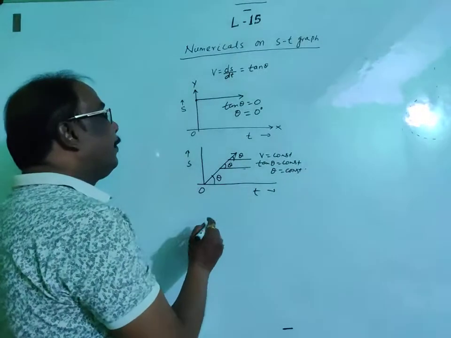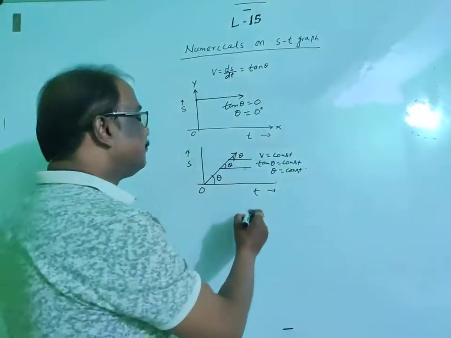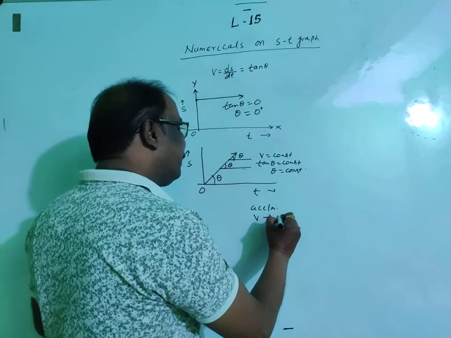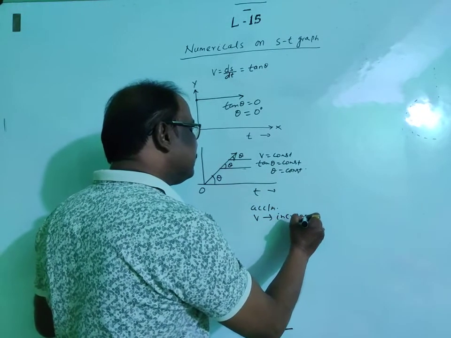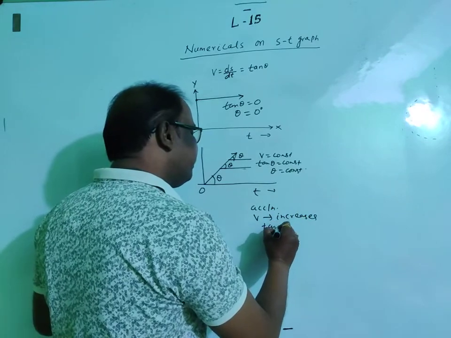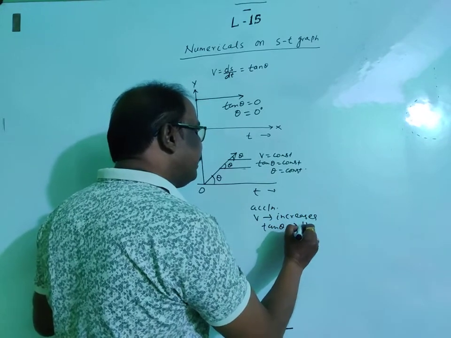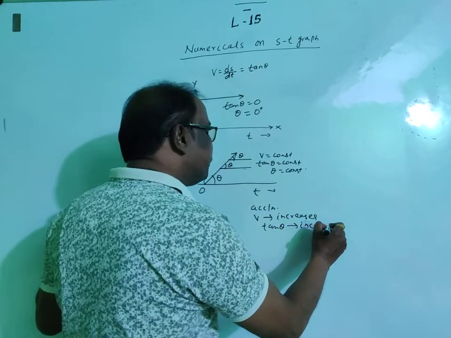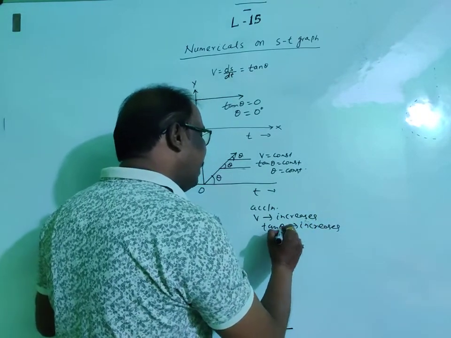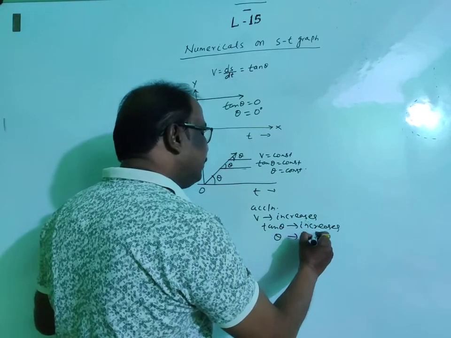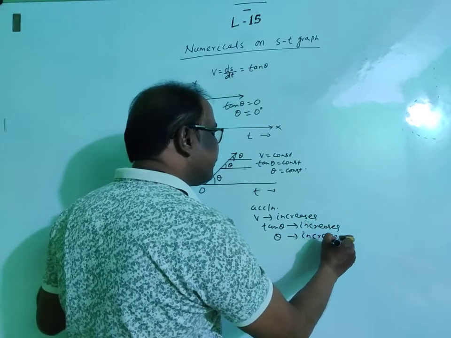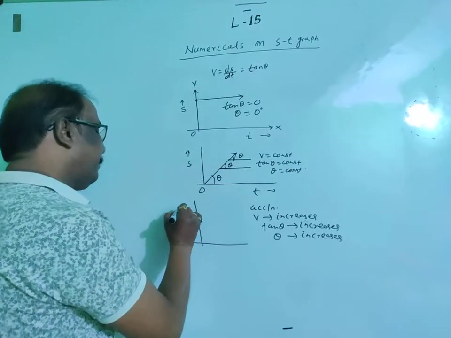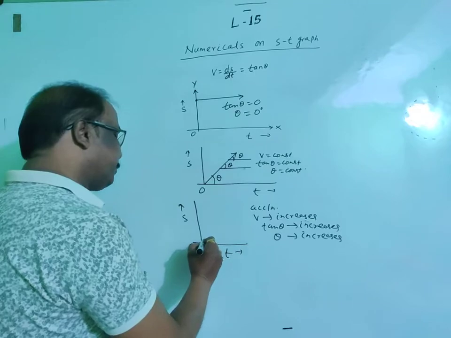Then a body moving with acceleration. For accelerated motion, the magnitude of velocity increases and the slope of the graph increases. If tan theta increases, then theta increases.